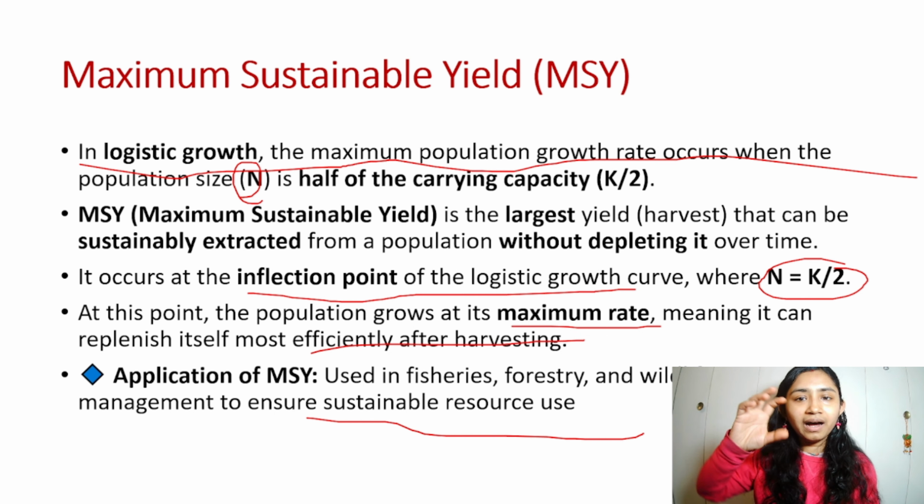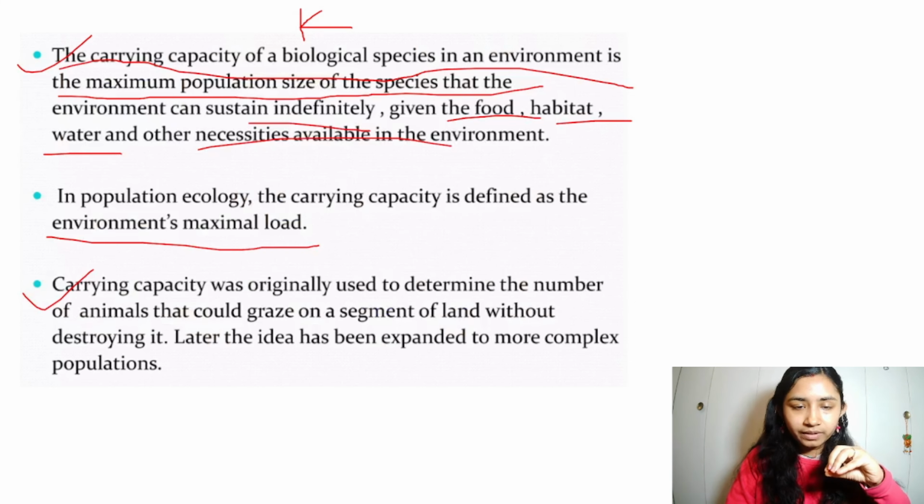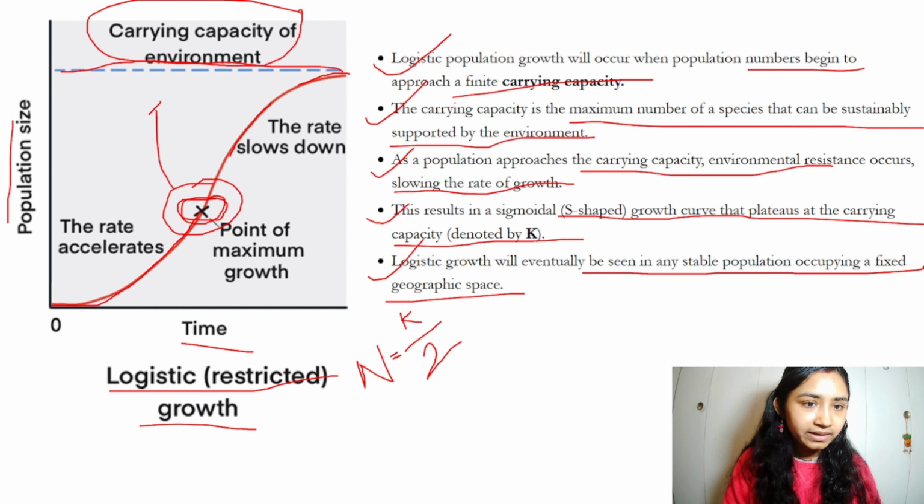They harvest when N is K/2, because when you harvest at this point, there will be enough individuals of the population left to attain the growth.